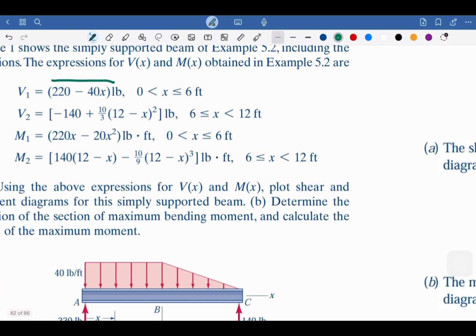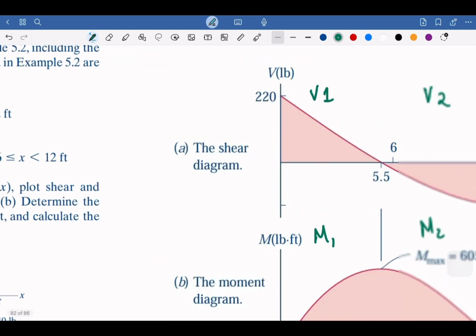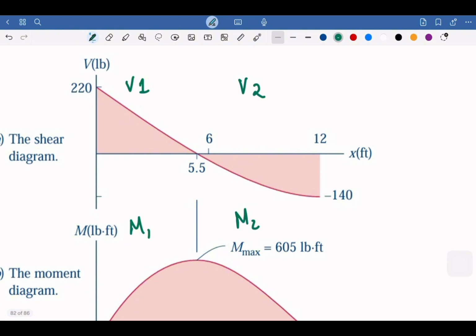V2 is negative 140 plus this, and basically this is a quadratic equation, which opens upwards because it has negative x squared. We can also see that it has a maximum, or in this case the minimum value, of negative 140.